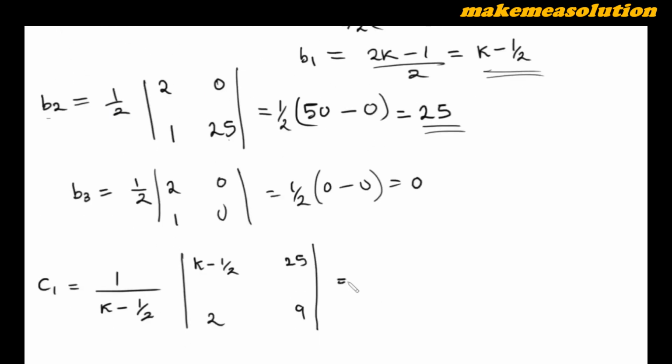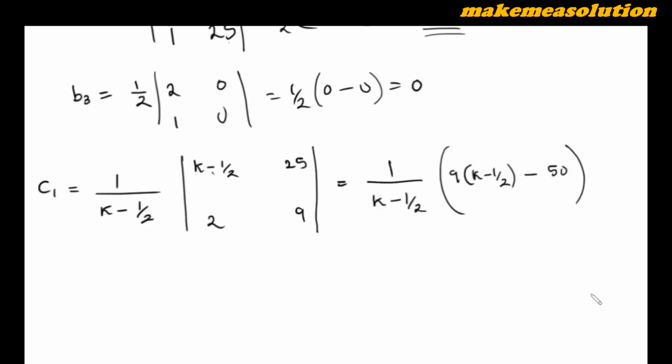If we expand, we'll have 1 divided by (K minus 1) over 2, then into this times this is going to be 9 into (K minus 1) over 2, then minus this times this is going to give you what? 50. Is that okay? So let's just simplify.